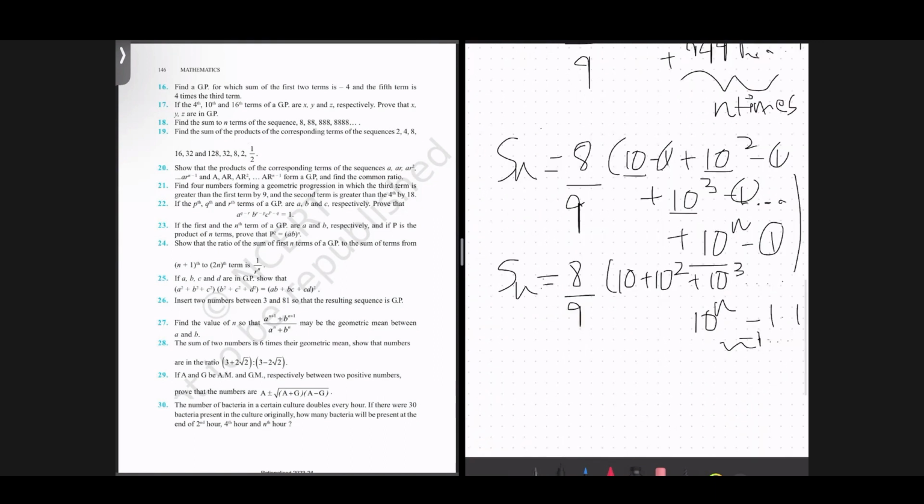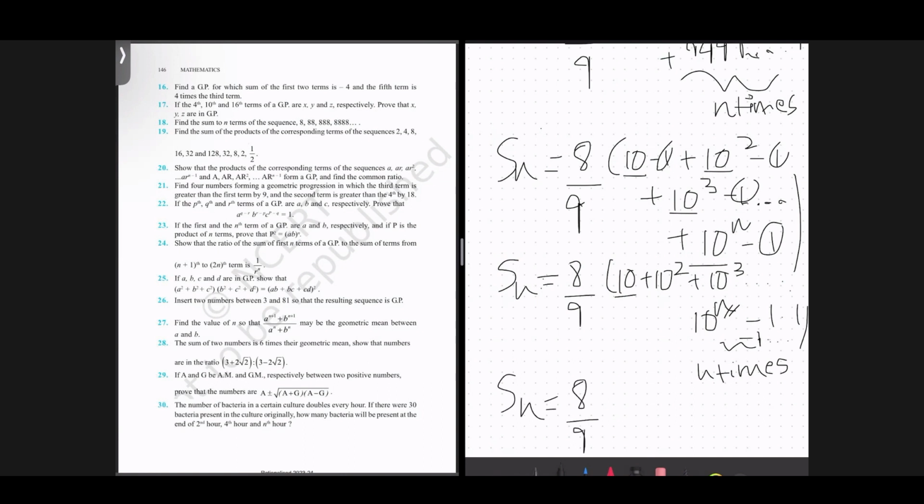Correct. Now, as you all know, the sum of any GP is going to be a times r raised to the power n minus 1 upon r minus 1. Right. So in this particular GP, I have the first term as 10. The common ratio is also 10, and I have n terms. So Sn now becomes 8 upon 9.